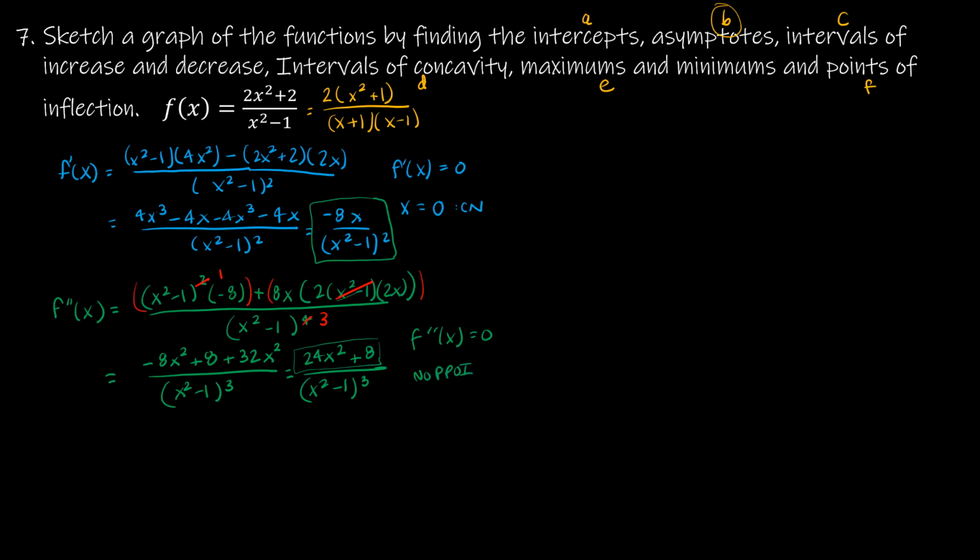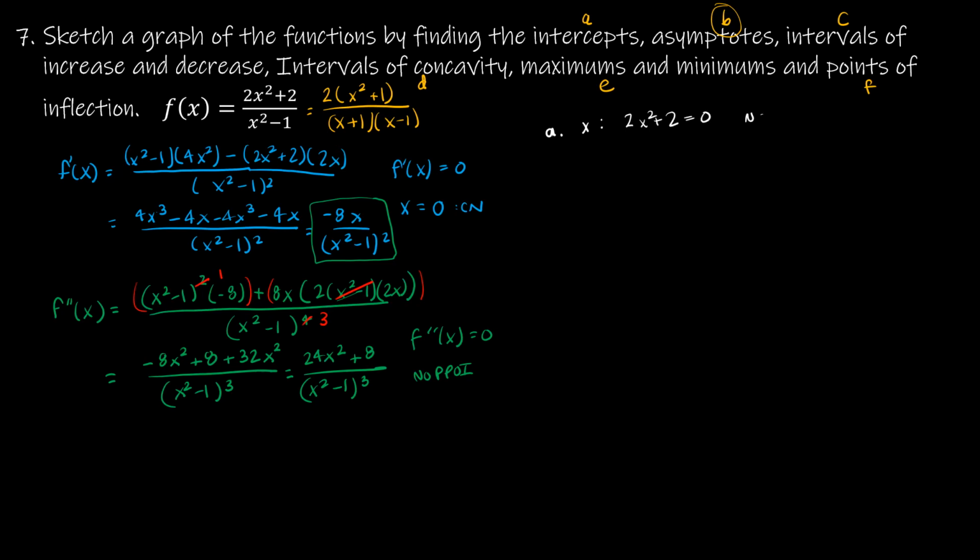So now from here, let's start doing the actual work. That's all the stuff we had to do to get to this point. So A says find the intercepts. How do you find the intercepts? Well, the x-intercept occurs when y is equal to 0. So when would 2x squared plus 2 equal 0?